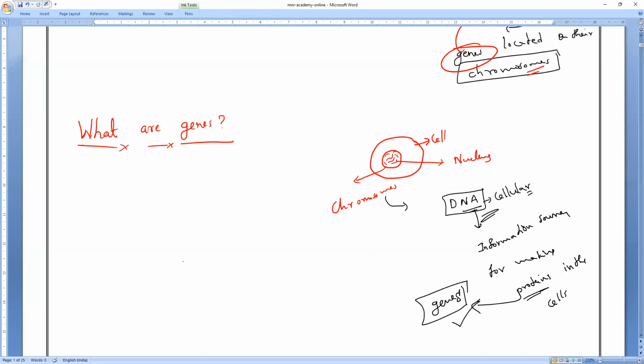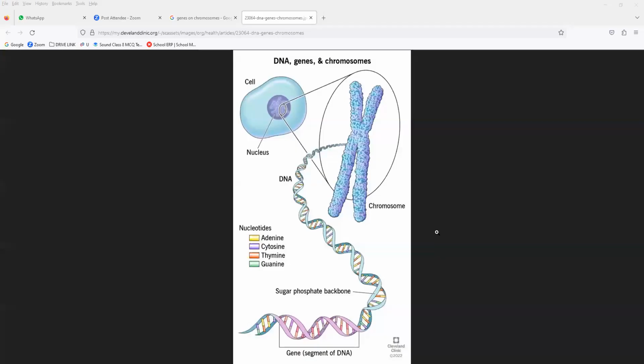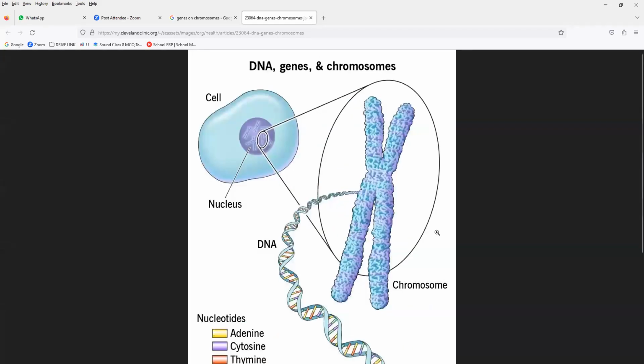If I take a DNA, for example, let me show you the chromosomes. If I take any chromosome inside the nucleus, I'm zooming and showing you. Inside the nucleus, the thread-like structures we call DNA, deoxyribonucleic acid.